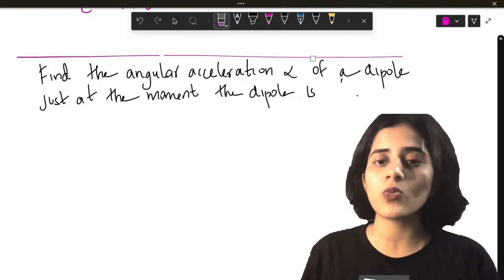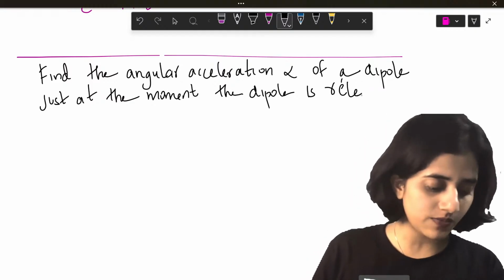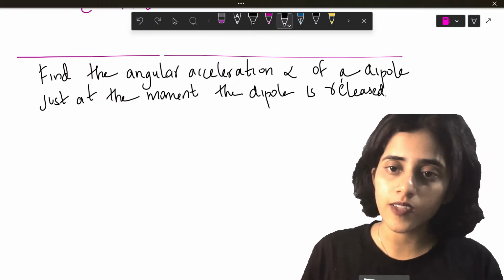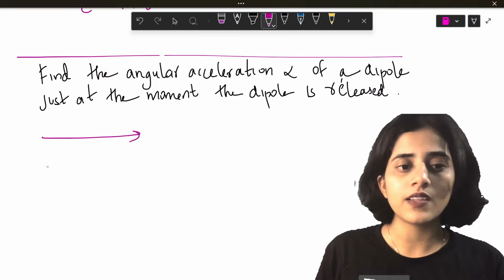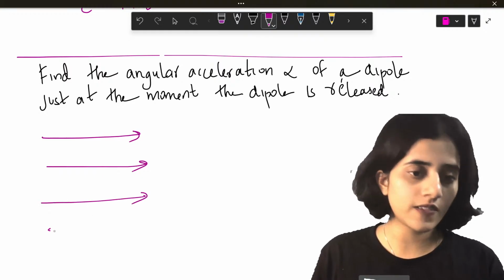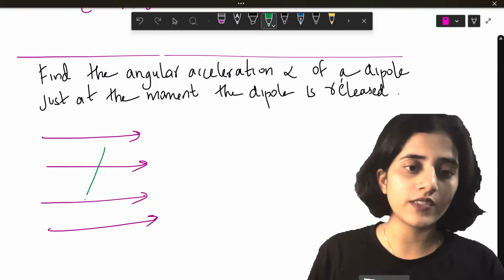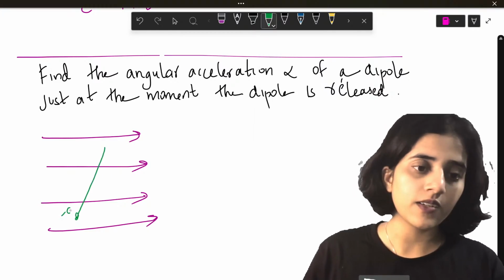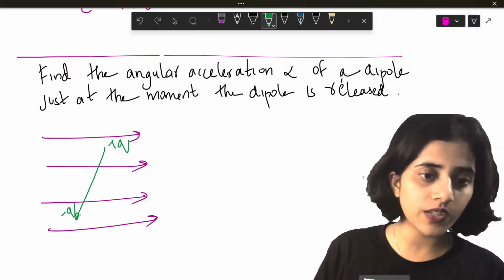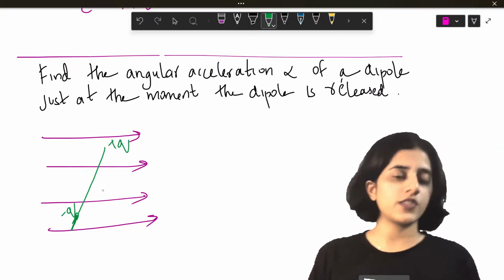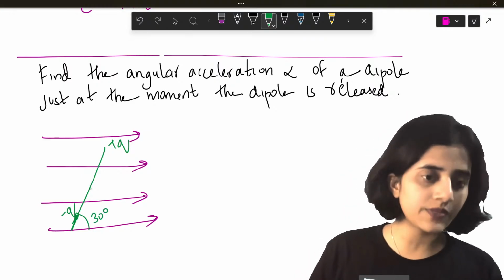Some of you might be wondering, what is ma'am saying? I am telling you the question. So let's draw the figure. Electric field. Okay. Dipole will draw in green. So dipole is here, minus Q and plus Q. So this is at an angle 30 degree with respect to the field.